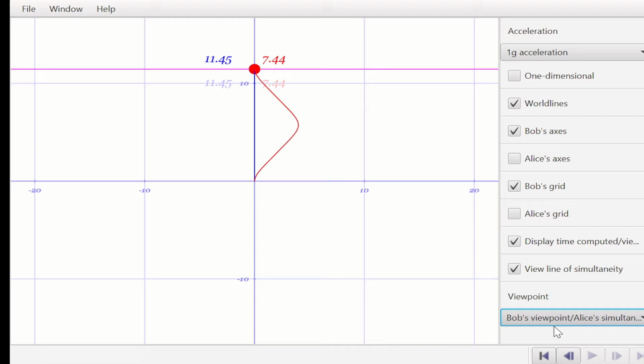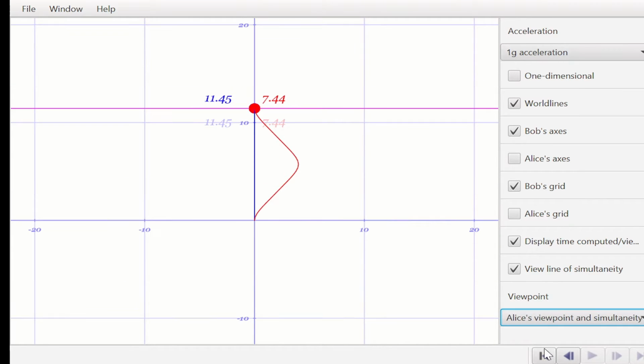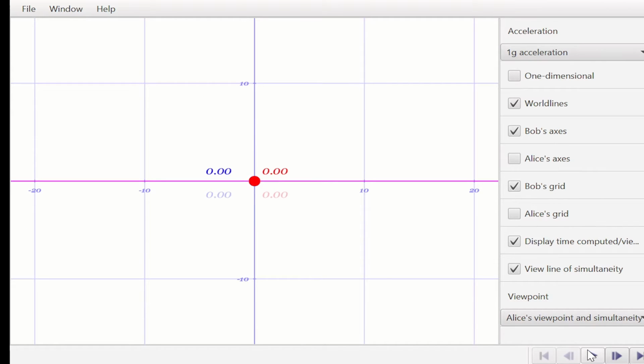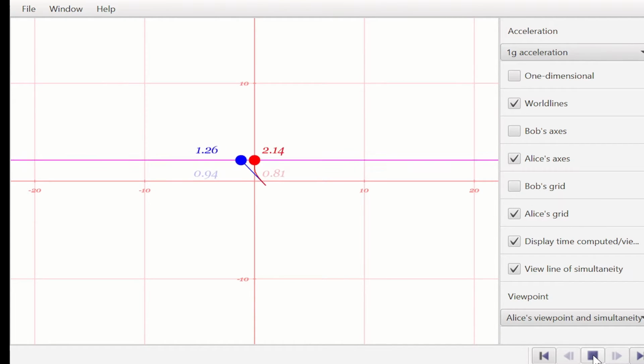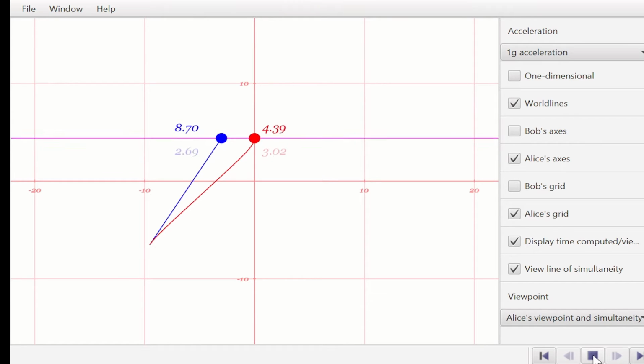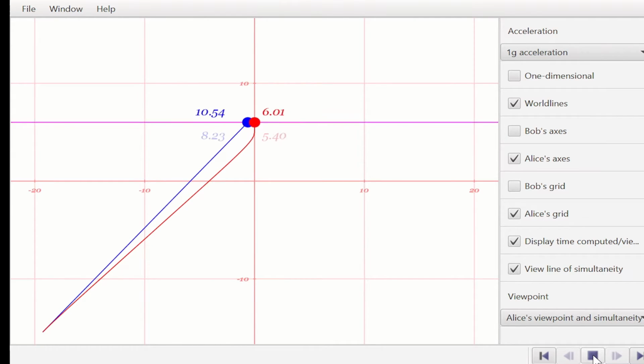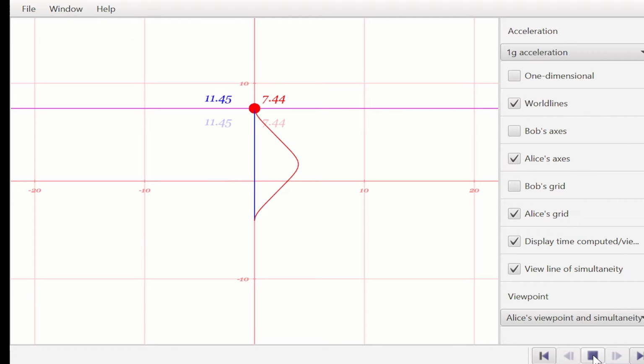We can also look at the whole thing from Alice's point of view. Let's see what that looks like, and her simultaneity. Here, let's display Alice's grid. As we can see, her world line is always a curve, and his is always a straight line, no matter which frame you're looking at from.